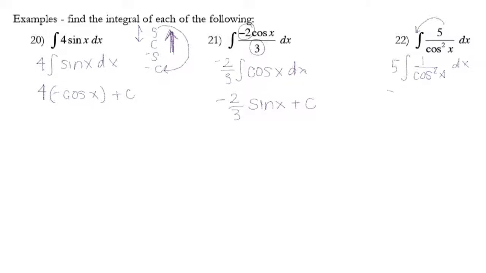And if we remember our trig identities, which we usually don't, we just don't use them every day, 1 over cosine squared is going to be secant squared x dx. And if we integrate secant squared, that's going to give us tangent x, and then plus c. So if we remember these facts, then it's going to make these answers a lot easier for us.